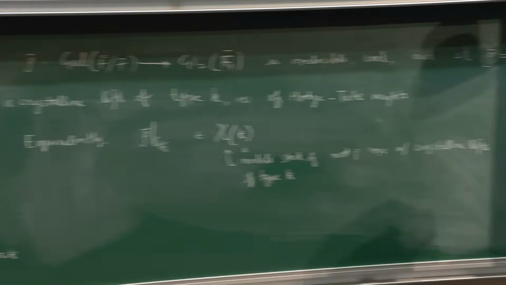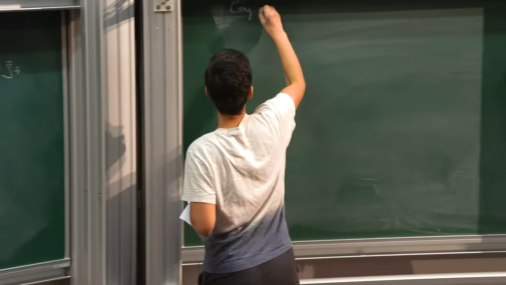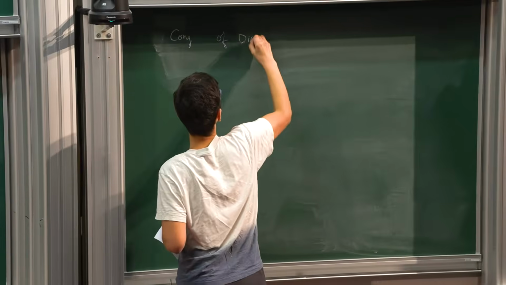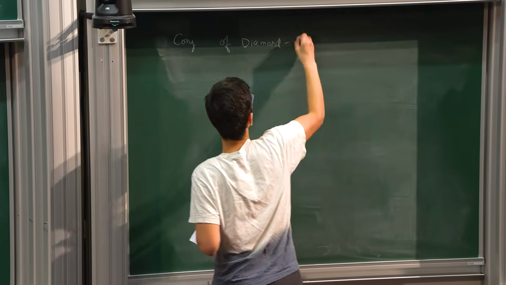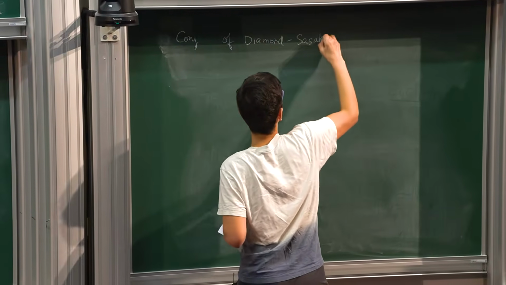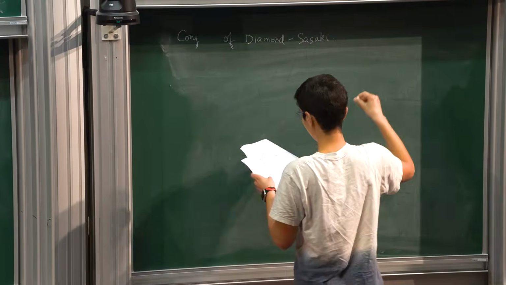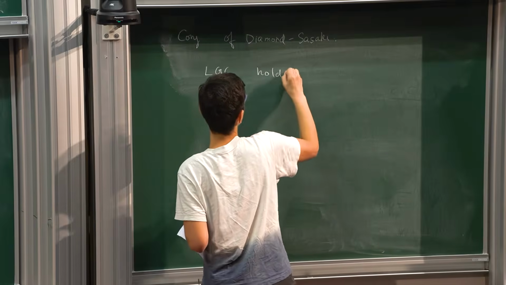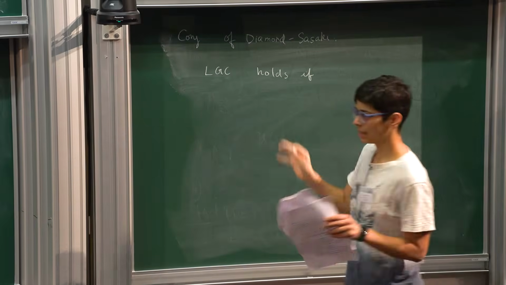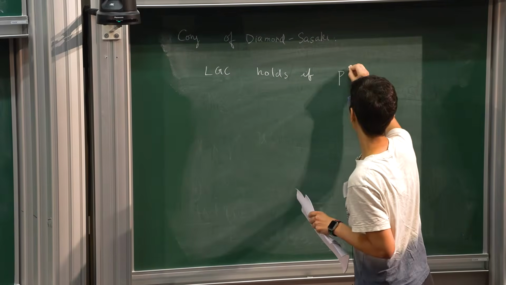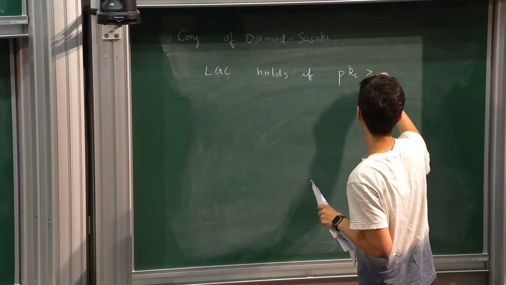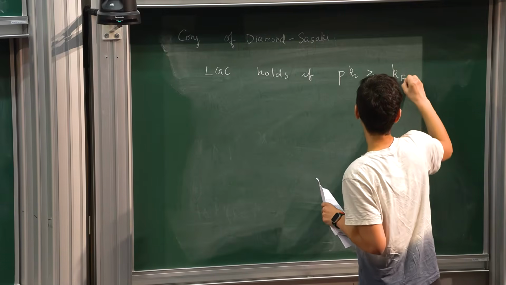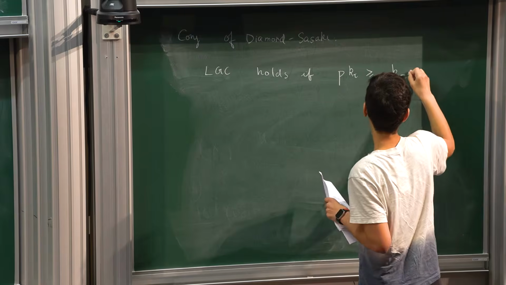All right, so there is a conjecture of Diamond and Sasaki which says that local global compatibility in this sense holds if the weights are in a certain cone. So you want k_tau to be bigger than or equal to k of Frobenius inverse composed with tau.